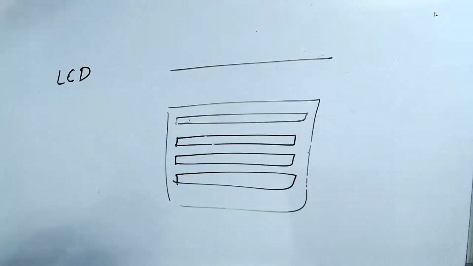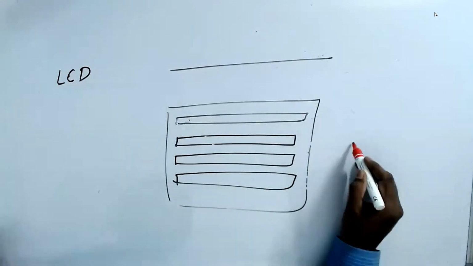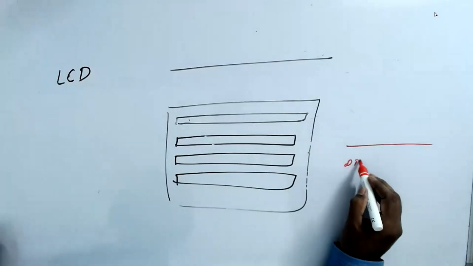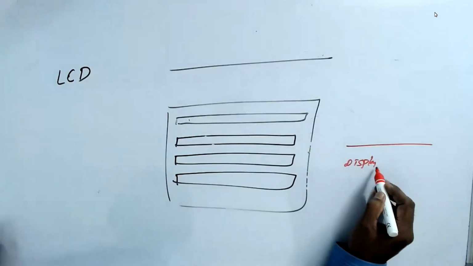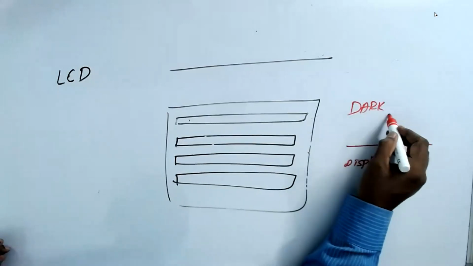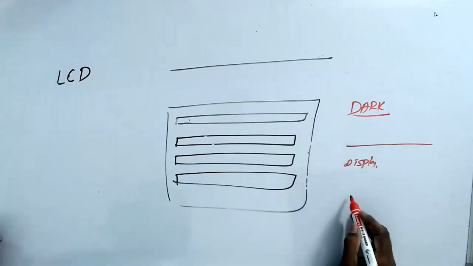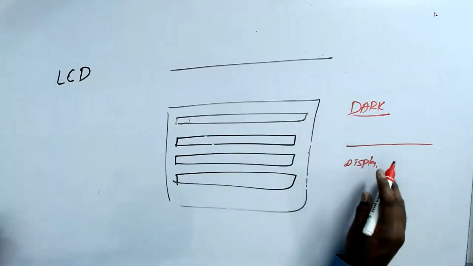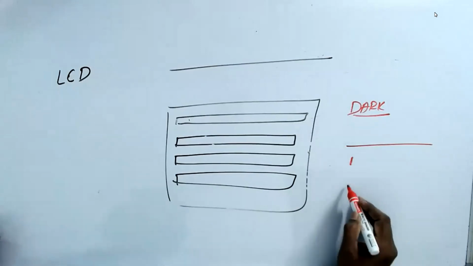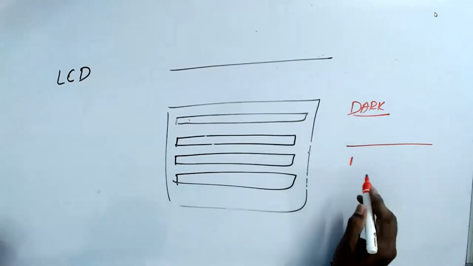So that's all the backlight. If you don't have a light at the back, see, this is a display. If you go into a dark room and there is no light, and I make the LCD polarized, since no light reflects, the display will not be visible.